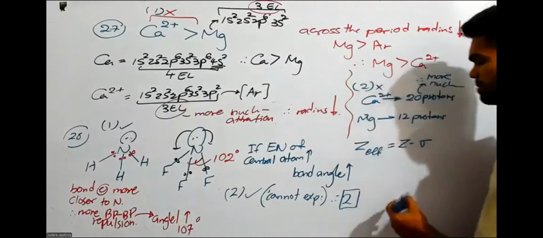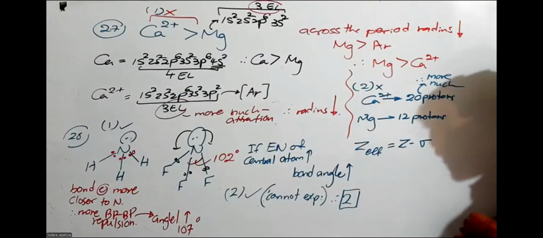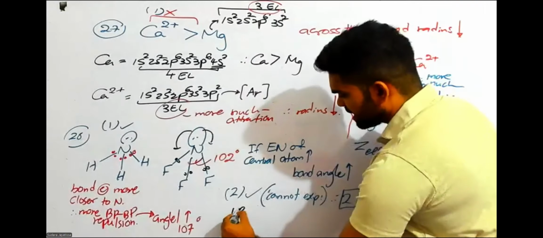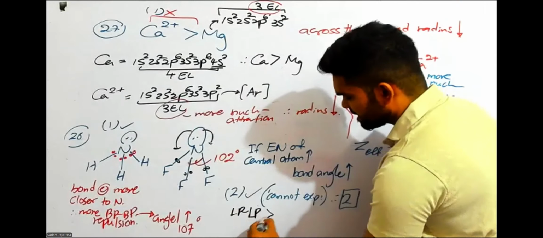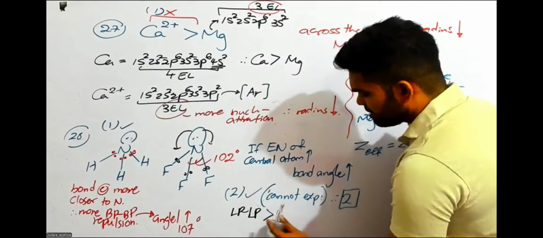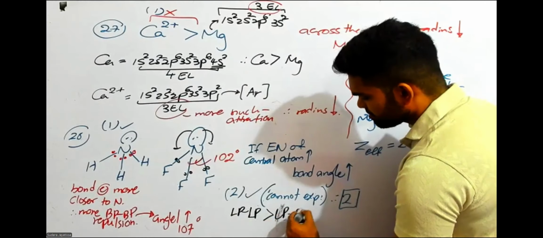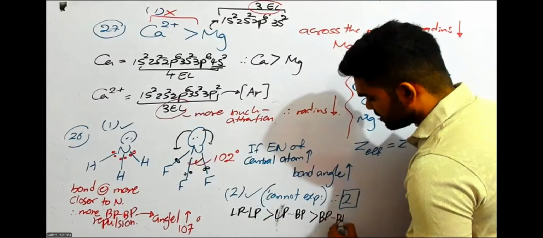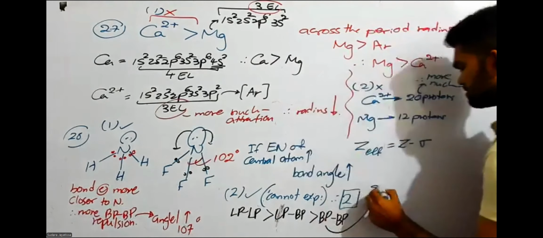It says LP-LP repulsion is higher than LP-BP repulsion, and BP-BP repulsion is lowest. So that explanation is good.